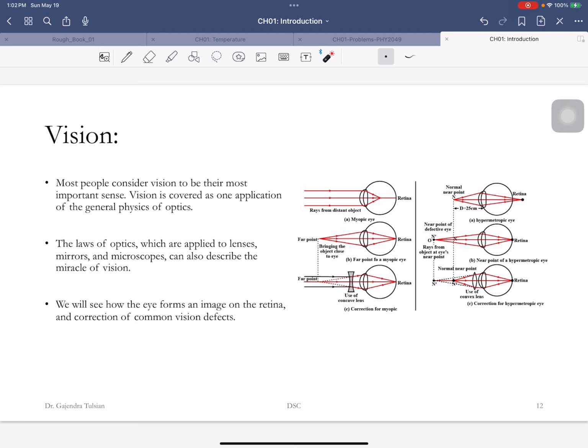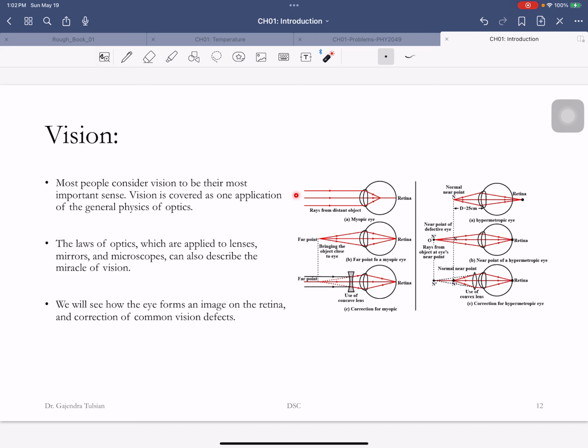Your vision is an important sense that you possess. When your vision is suboptimal, we'll look at ways to correct it. So, for instance, here's a myopic eye. In a normal eye, what you want is to create an image on the retina.